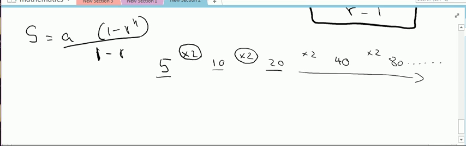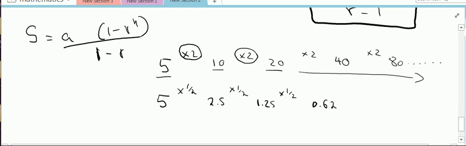But yes, if you deposit, let's say, 5 rupees today, and you deposit half the amount the next day, which is 2.5, and half the amount the next day, which is 2.5 into 0.5, which is 1.25, and half the amount the next day, which is 1.25 into 0.5, which is 0.625, and keep on continuing.